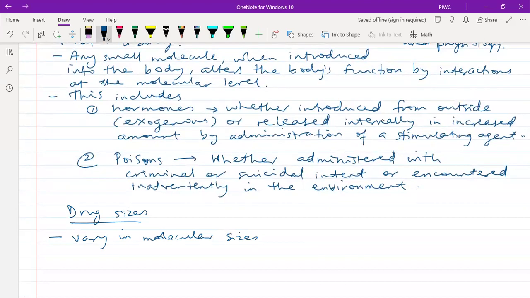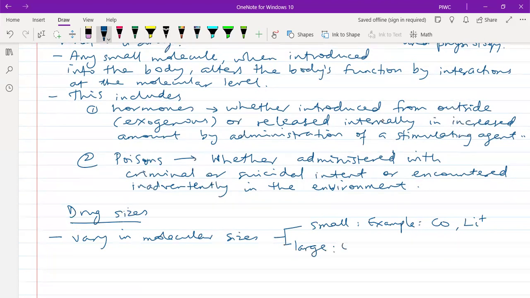It could be small, so you can have very small sizes. For example, if you take something like carbon monoxide, CO, or lithium ion, Li+, they are very tiny, very small sizes.